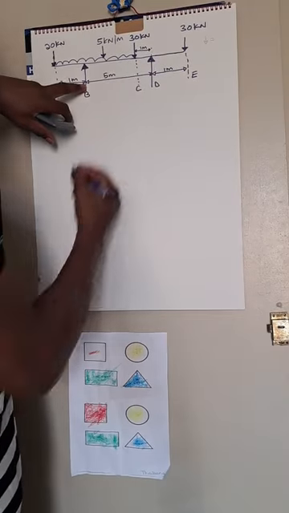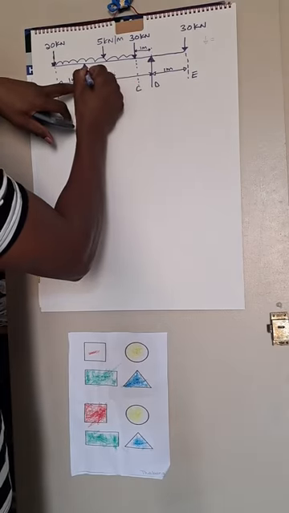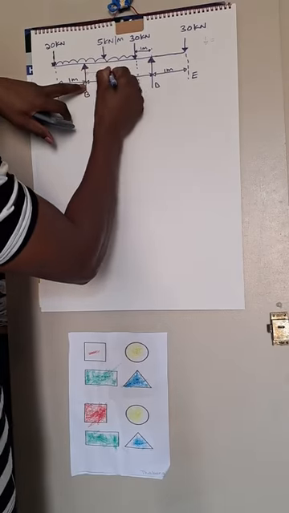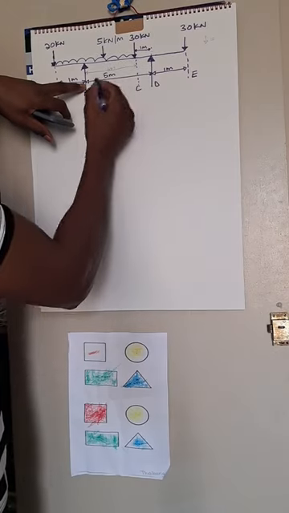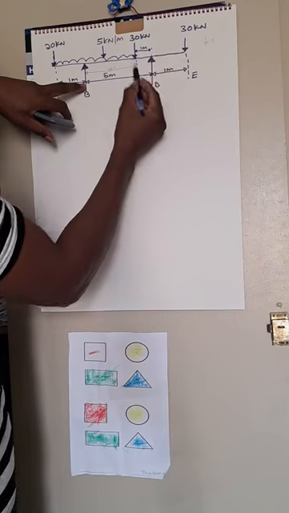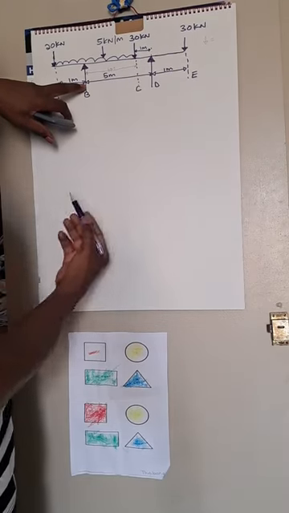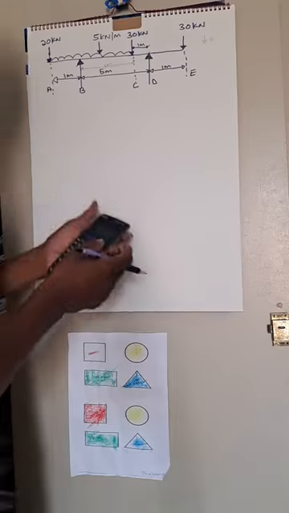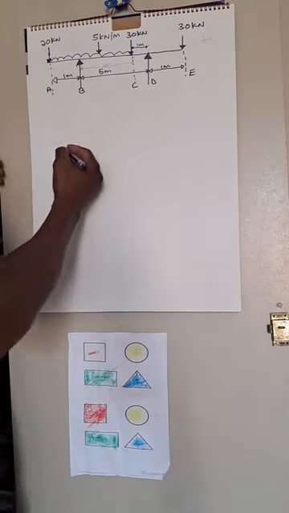Therefore, the distance from this point to this point becomes 4 meters, because from here to here it was 5 meters, but this small portion CD is allocated 1 meter. So if we say 5 times 4 meters, what are we getting there? 5 times 4, we are getting 20.